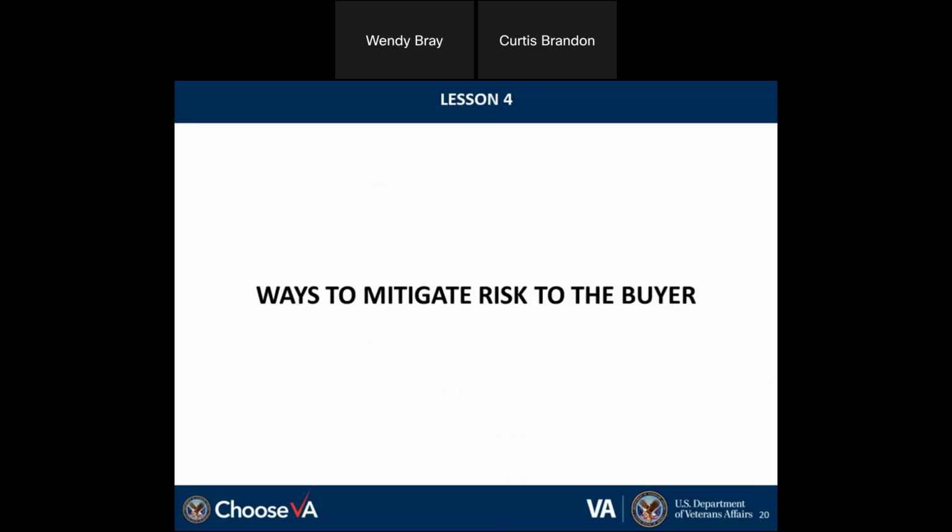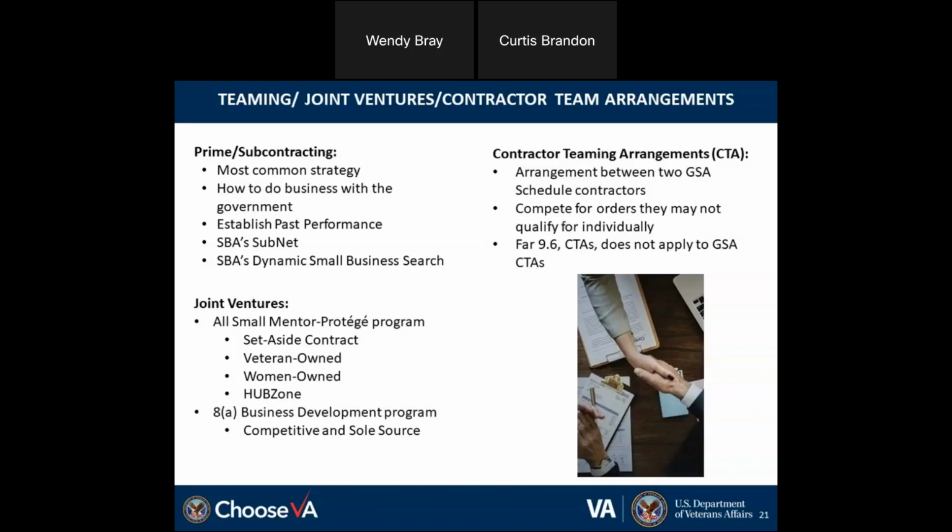Okay, so ways to mitigate risk to the buyer. Some ways a small business may be able to mitigate risk is by subcontracting, joint ventures, and contractor teaming agreements, CTAs. A subcontractor is contracted to work on a specific federal opportunity through the prime contract awardee. That's for those participants that are not familiar with subcontracting.